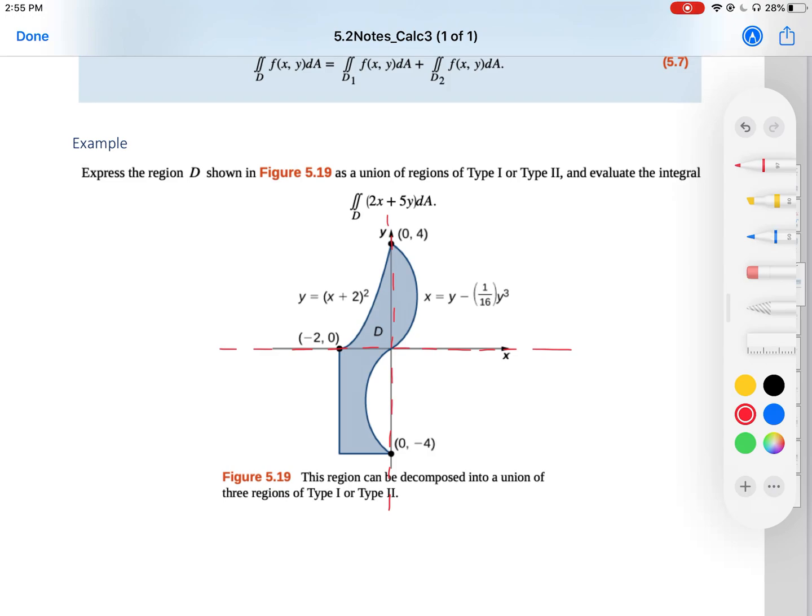Let's take a look at this first part. We'll name that subset D1. Now, what would be the best way to integrate, or I'm sorry, to write your boundaries for D1? So we have to come up with one that we would like to work with.